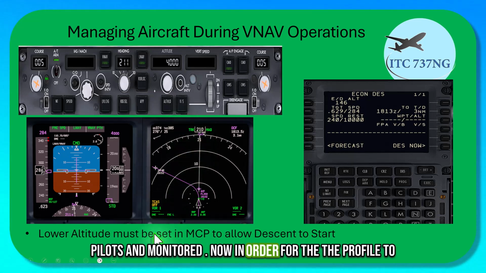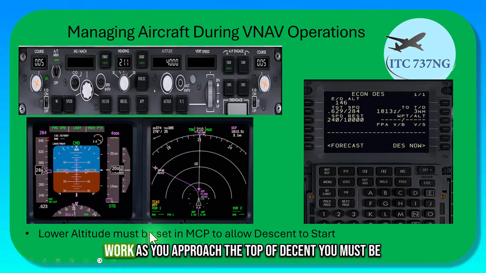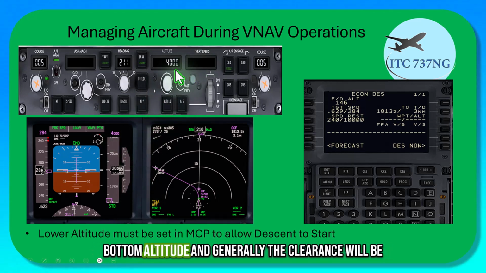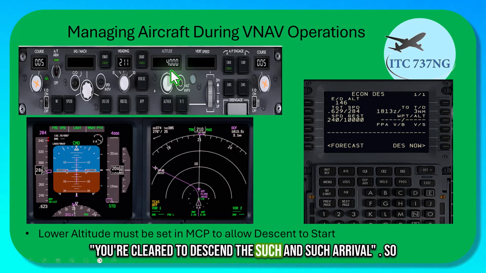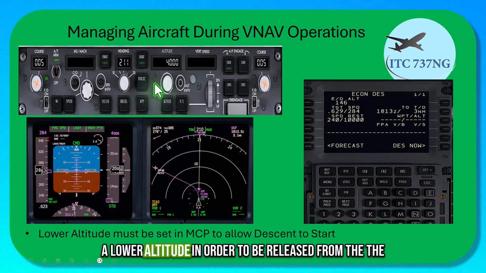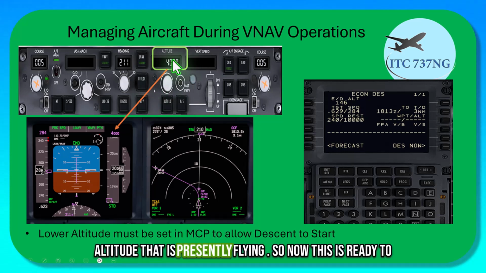Now, in order for the profile to work, as you approach the top of descent, you must be cleared to a lower altitude. Most arrivals will have a bottom altitude, and generally the clearance will be you're cleared to descend via such and such arrival. So you set the lower altitude in here because it's got to have a lower altitude in order to be released from the altitude that it's presently flying.